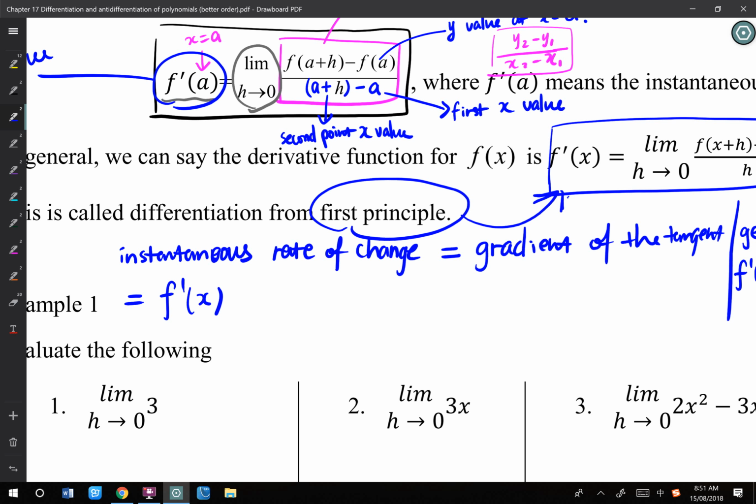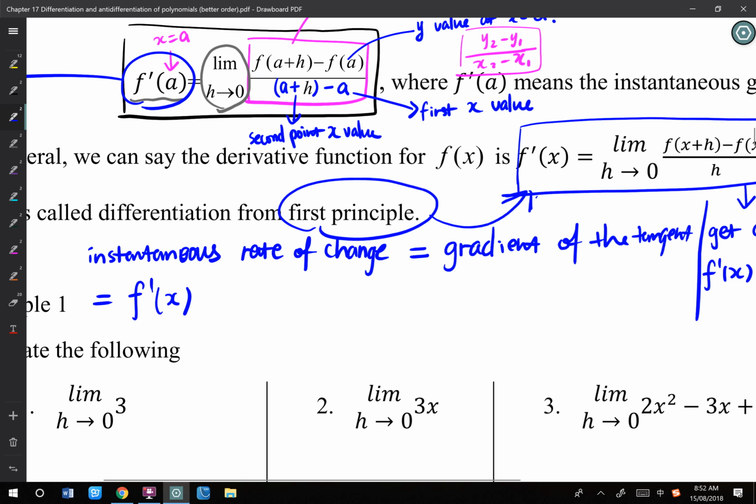Anyone mention gradient at any point, the gradient of the tangent at any point, or remind you f dash x? They are all the same. So the notation is f dash x. Okay, so what you need to remember is the first principle.